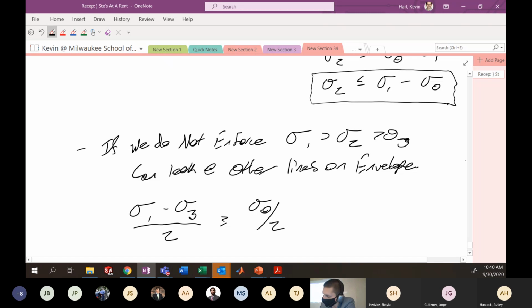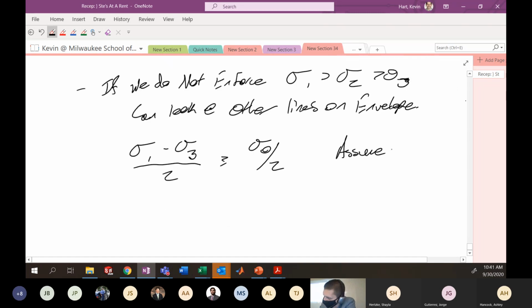But if we assume sigma 3 equals 0, from a state of two-dimensional stress, then sigma 1 on 2 greater than or equal to sigma 0 on 2 is one of our lines.